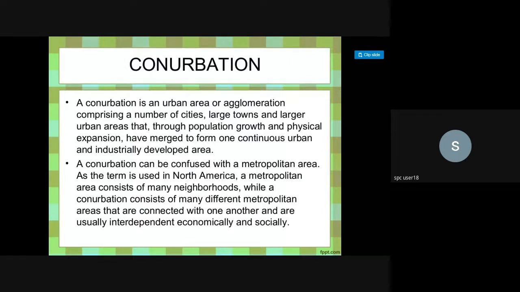In Mumbai, you have the BMRDA, I suppose, the Brihanmumbai Regional Development Authority, and so forth.